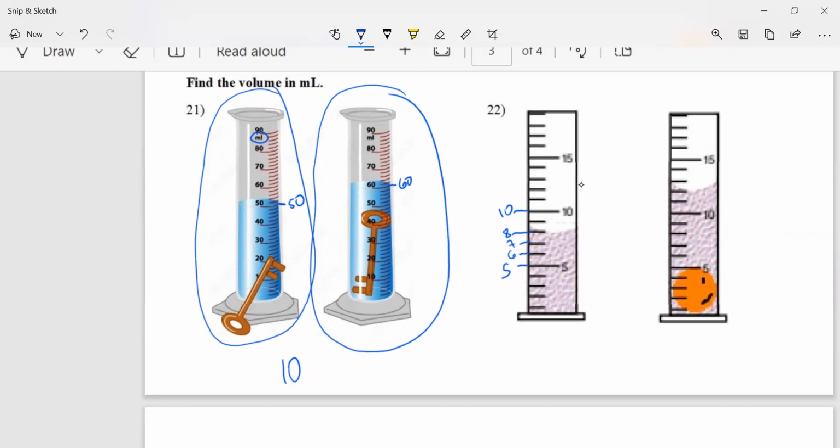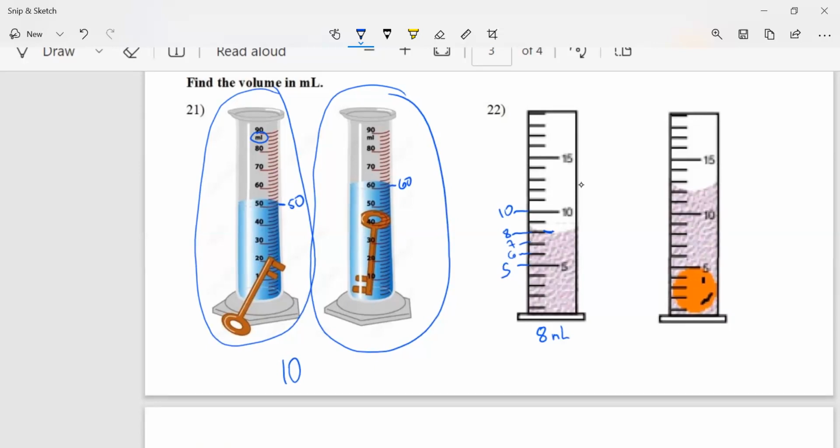My water, I'm measuring this low point. It gets to 8. It looks like a low point, but it's really because of the shape that we're looking at it, looking from the side. So just the water itself is 8 milliliters. If you want me to, I'll write it down here at the bottom. Just the water is 8 milliliters.